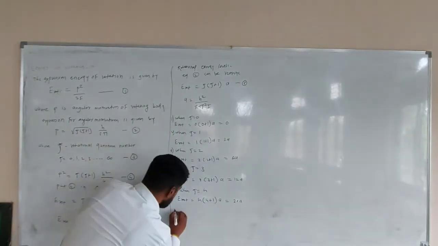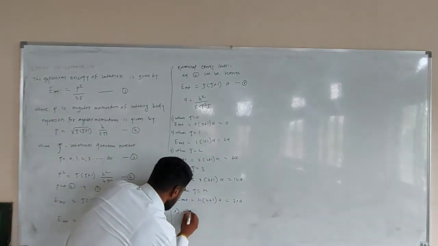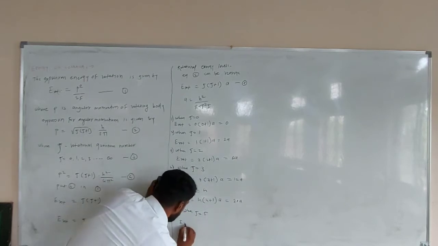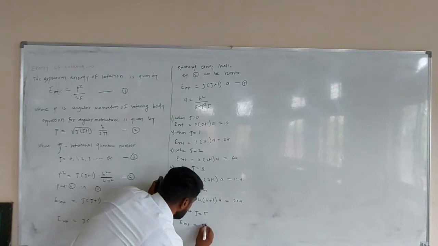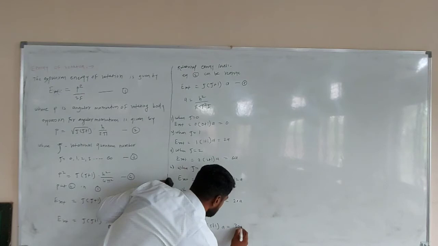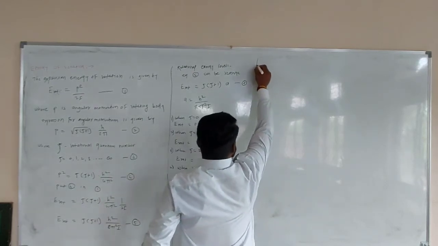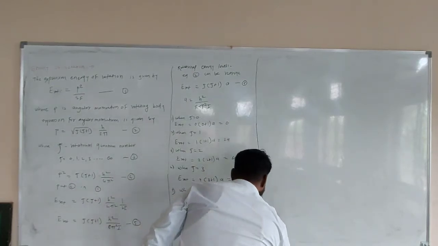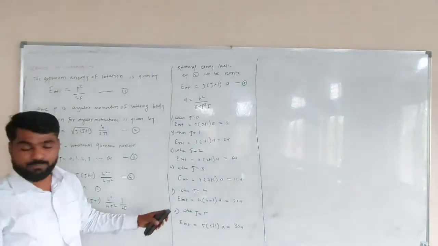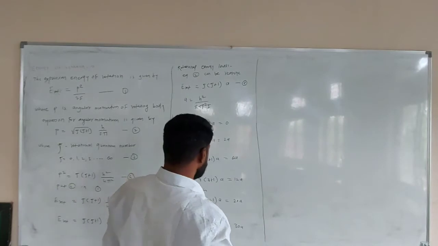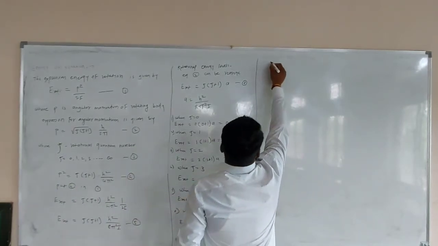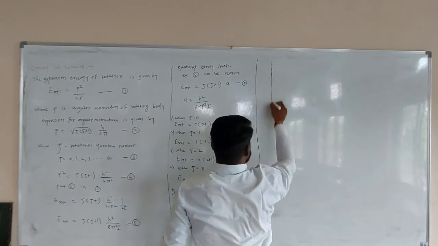And last, when the value of J is equal to 5, then the rotational energy level is 5 into 5 plus 1 into A, that is 30A. These are the different values of rotational energy levels. From these values, we can plot the rotational energy level graph.